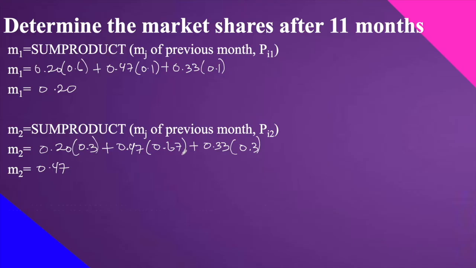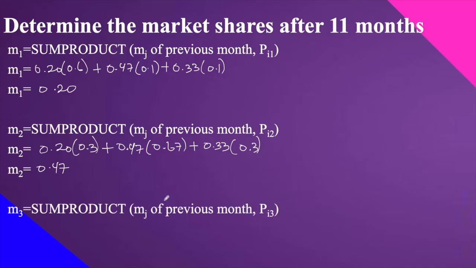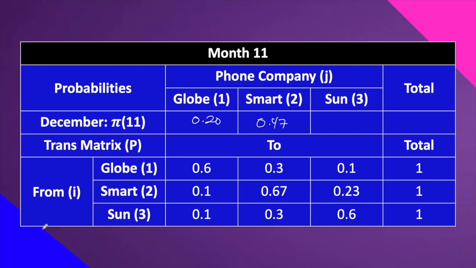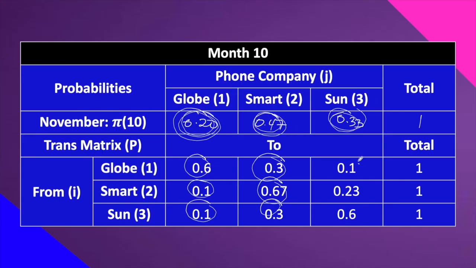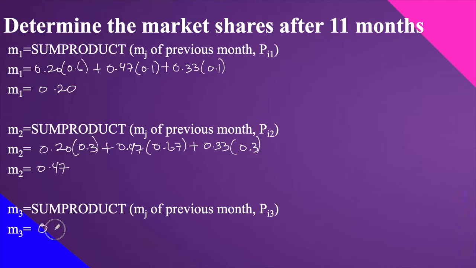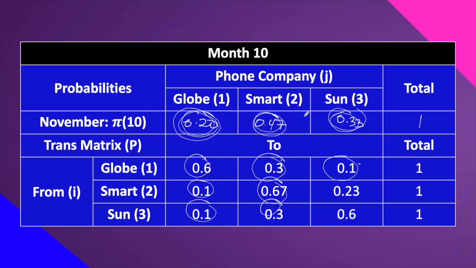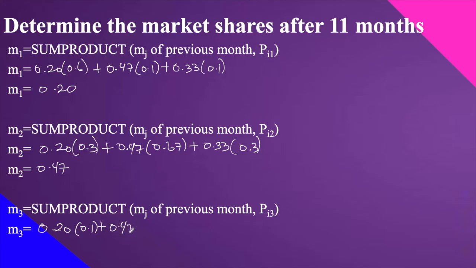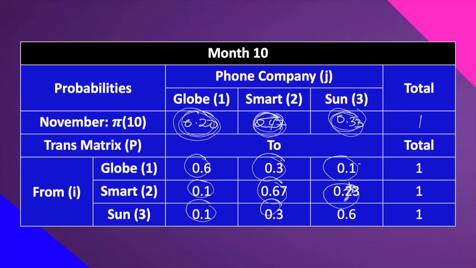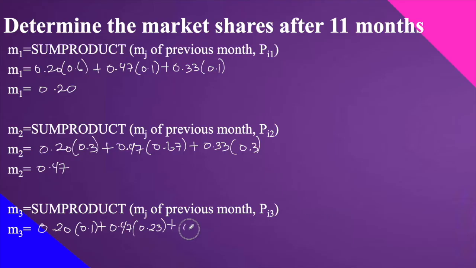Now, M sub 3 tayo, sum product of M sub J of previous month and P sub I3. Check natin ang table natin. 0.20 times 0.1 plus 0.47 and 0.23, next, we have 0.33 and 0.6.